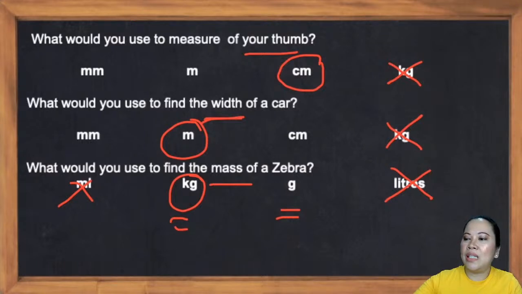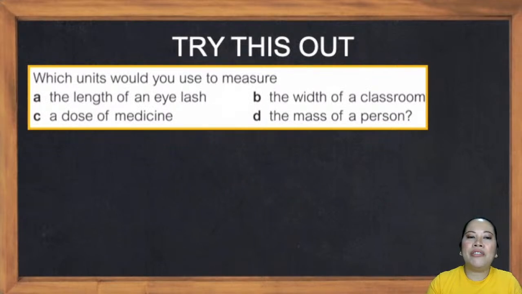Alright, so let's continue. Let's try the following. This time you're not given the options, but you tell me which unit you would use to measure, first question, the length of your eyelash.